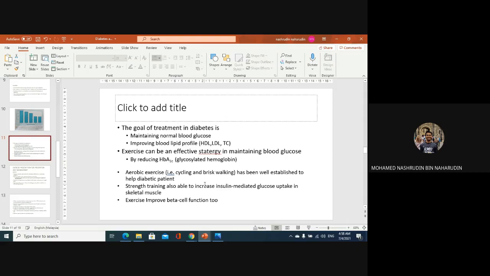Okay, you can include an element of high intensity for your diabetic patient or diabetic client, and do it in an intermittent manner, meaning alternate low intensity with high intensity and then low intensity, high intensity.